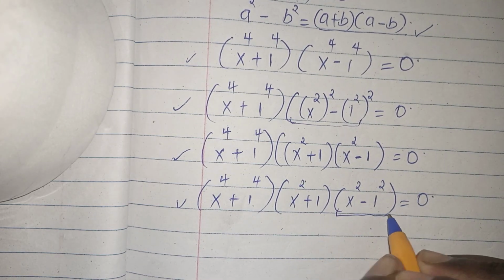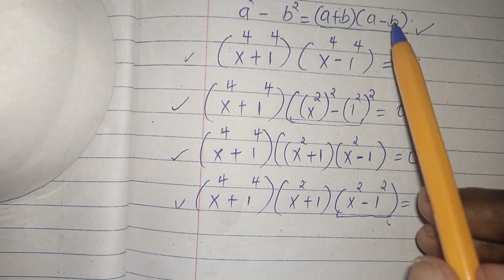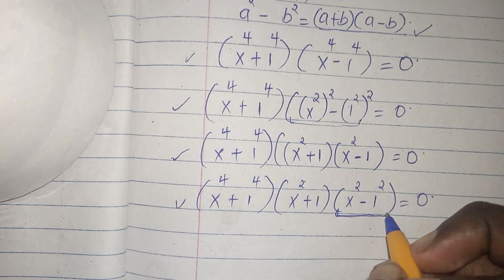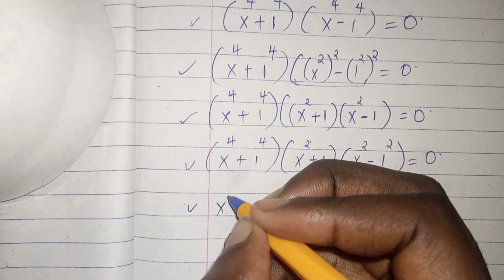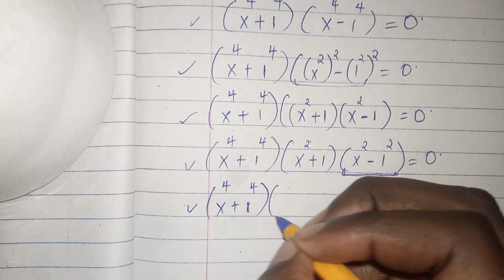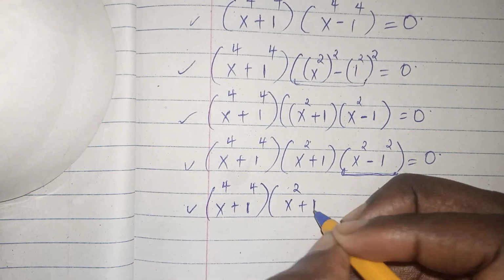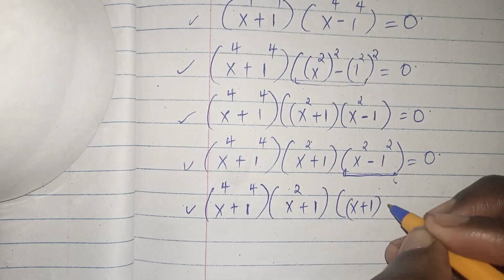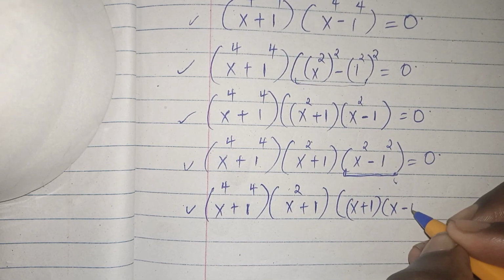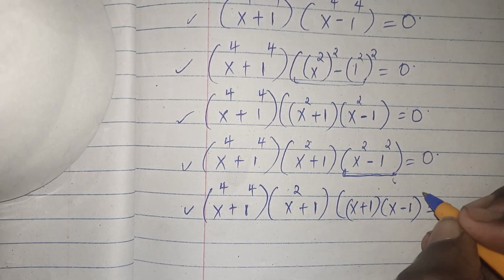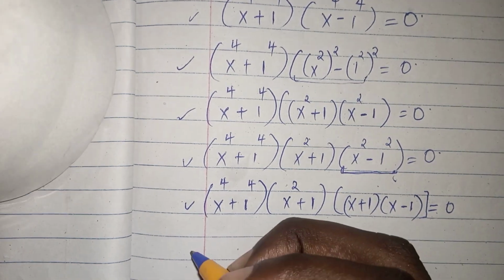So for this case here, we are again going to refer to the perfect square identity and express this into that form. (x to the power of 4 plus 1 to the power of 4) into (x squared plus 1) into, so this is (x plus 1) into (x minus 1) is equal to 0. Nice. So this is another bracket.